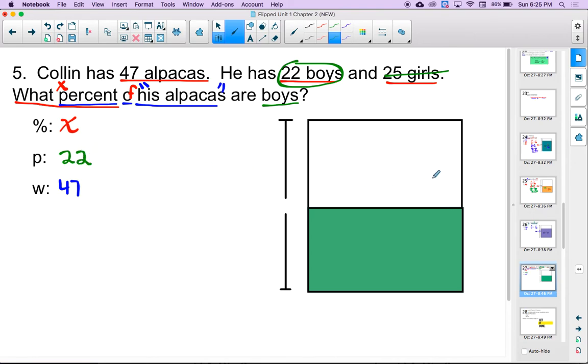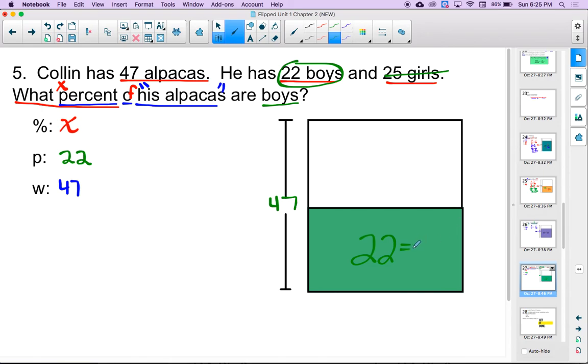Let's put this into the diagram really quickly. The whole is 47, so all the alpacas are 47. Then the part that we are focused on is this shaded green part down here, which is 22.